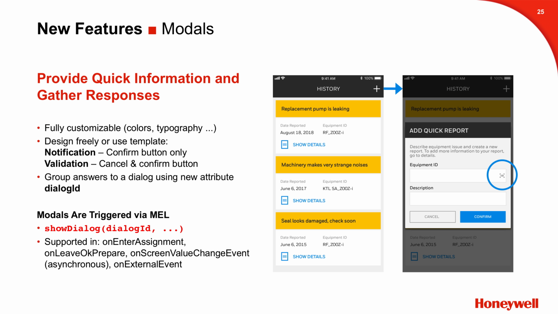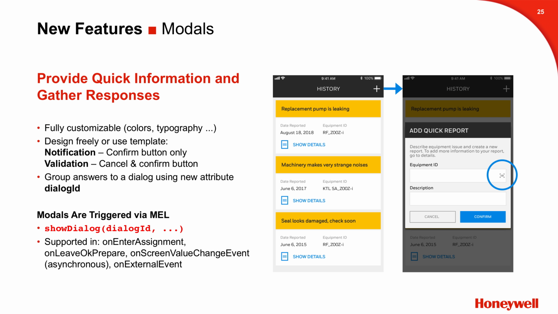And basically, you just group answers into a dialog using the new attribute dialog ID. So let's say in the case on the right, we would have that introduction text and 2 inputs. And to those answers, you would just add the dialog ID. And then via MEL, you could trigger that dialog, show it with the dialog ID.